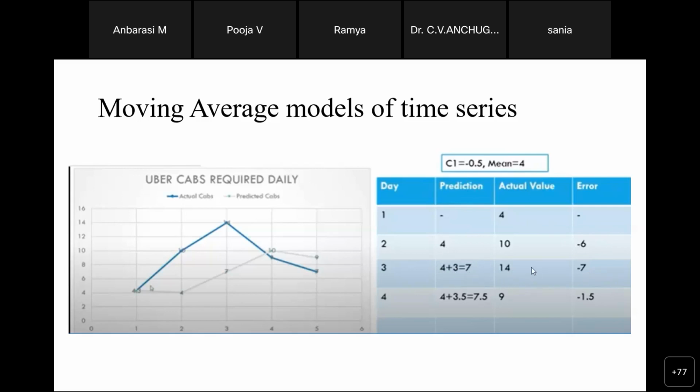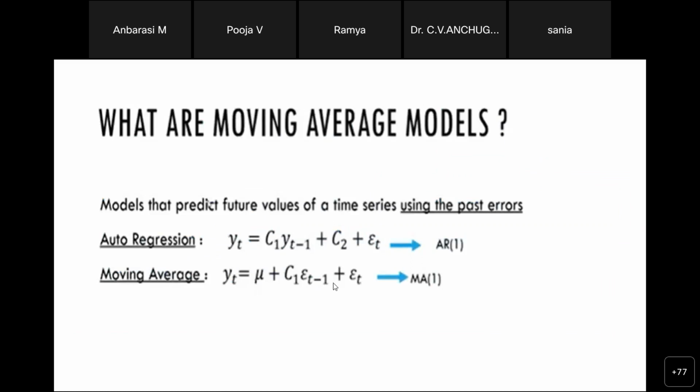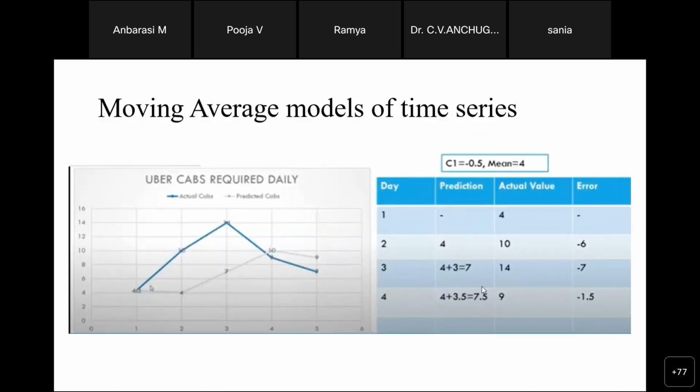When you apply this formula and add the error value, you get actual 14 minus 7, so the error value is 7. The actual value was 14, but in the prediction you will get 7.